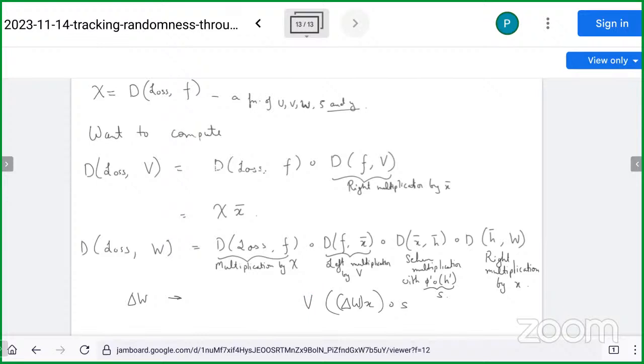So I have to take a matrix, right multiplied by x transpose.